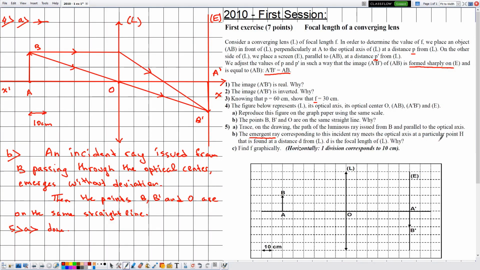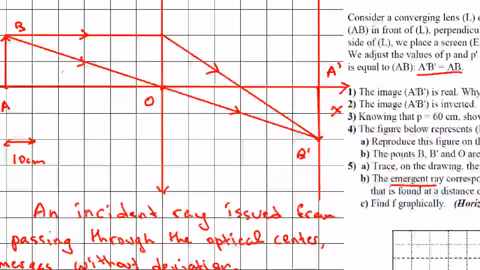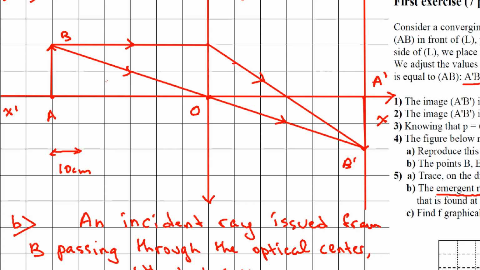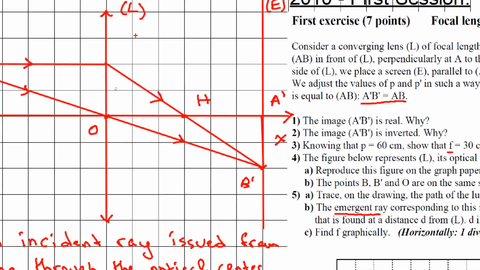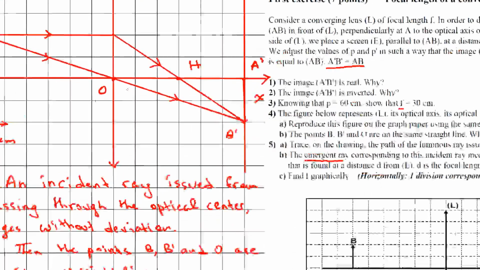The meeting point between the emergent ray and the optical axis is given by the point H that's found at a distance d from L. So this is the point H and this is the lens L. Therefore, this is the distance d.